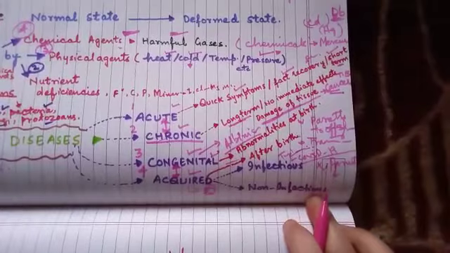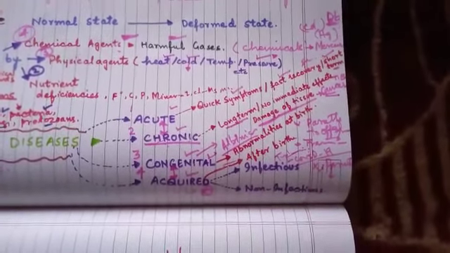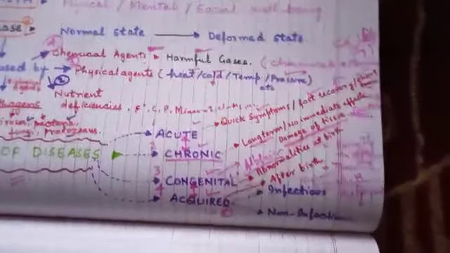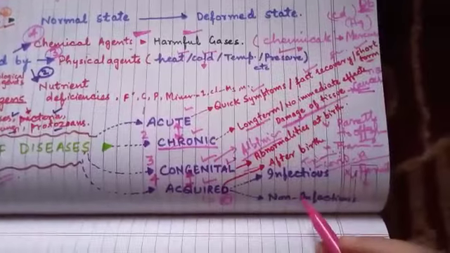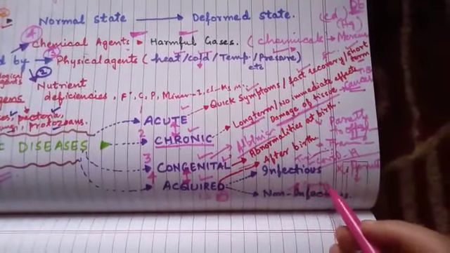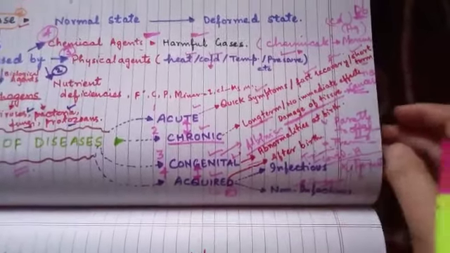And then there is the non-infectious disease, those diseases which are not communicable, which cannot be transferred from a sick person to a healthy person. For example, we can take the example of cancer. Cancer is not transferred from a sick person to a healthy person.